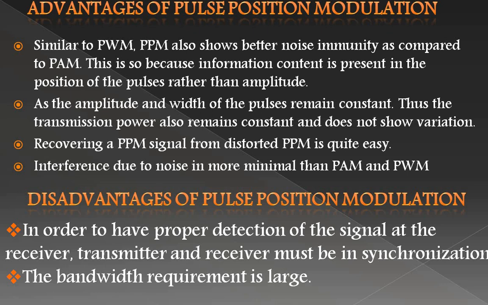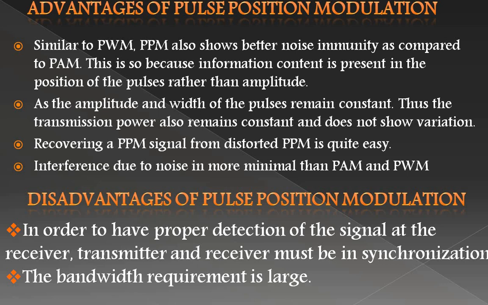Why are we saying that it has better noise immunity compared to PAM? It is because the information content is present in the position of the pulses rather than in the amplitude. As the amplitude and the width of the pulses remain constant, the transmission power also remains constant and does not show variations.